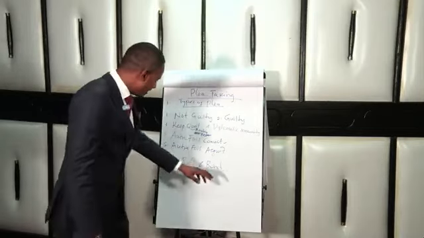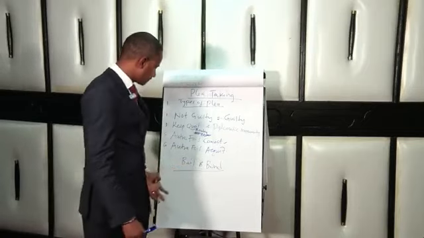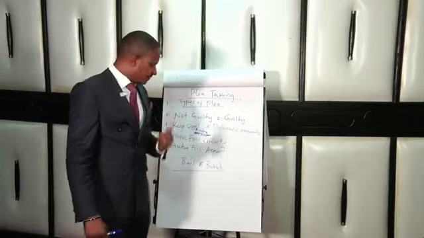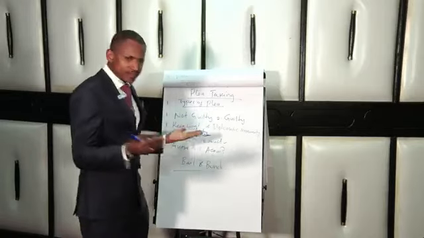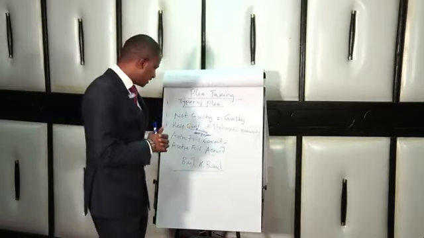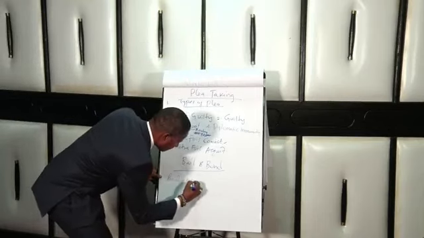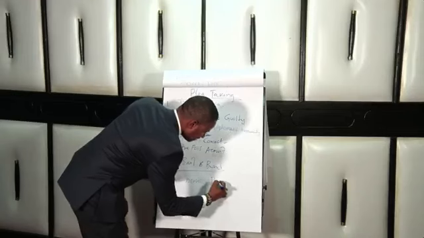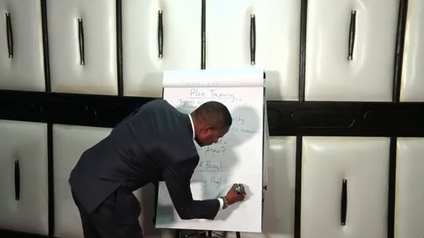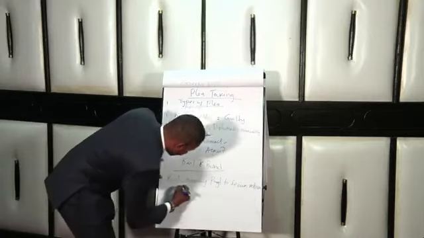Bail and bond. So at the stage of bail and bond, therefore, what is bail? And what are the types of bail that we have? So bail is in form of money, money paid to secure release of an accused.